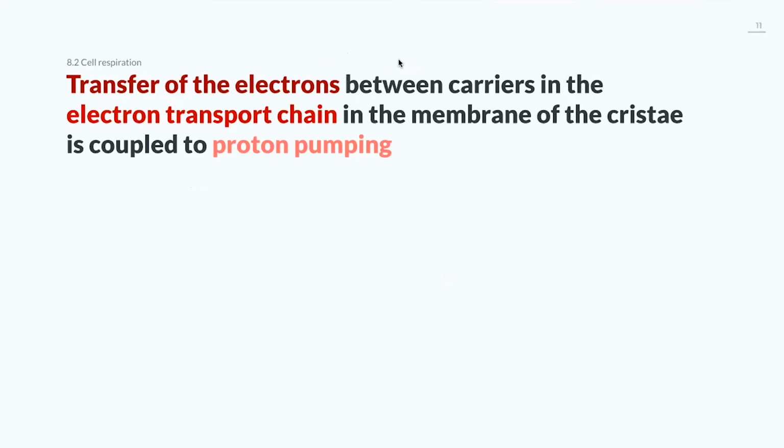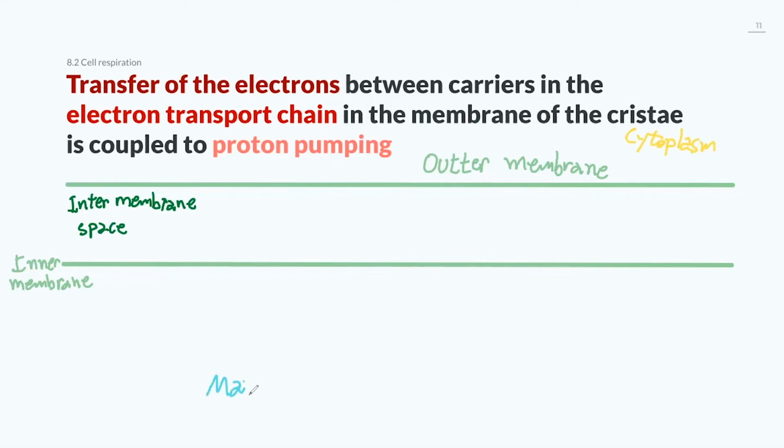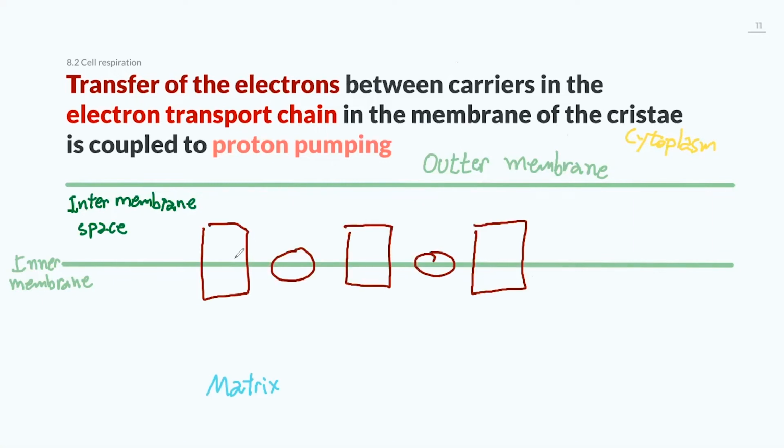So let's zoom in a little bit. And here we have the intermembrane space. Out here we have the cytoplasm, and here we have the mitochondria matrix. We have these 3 proteins and 2 accessory molecules that carry electrons.